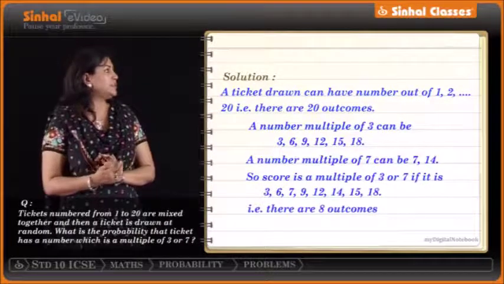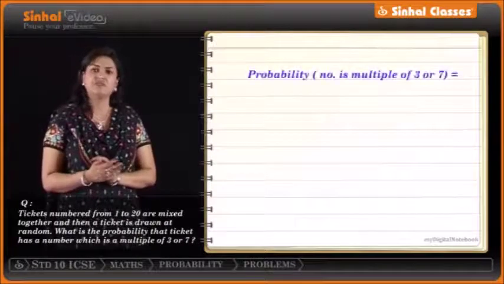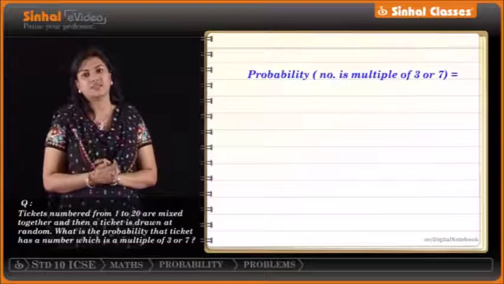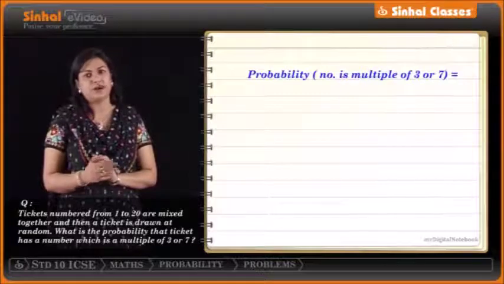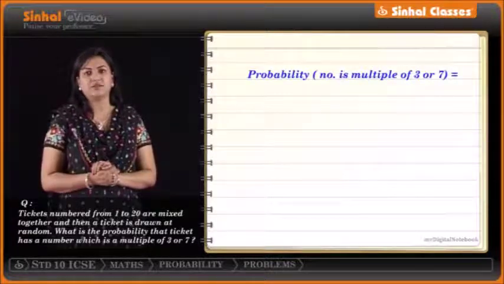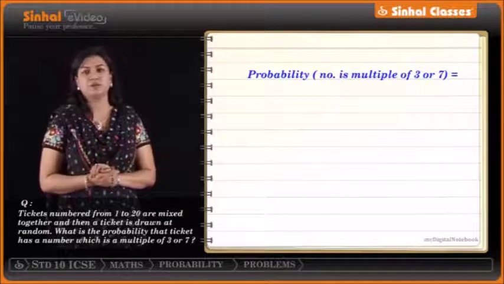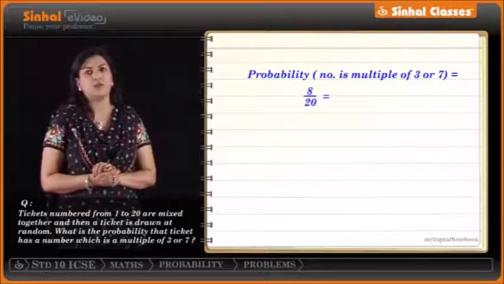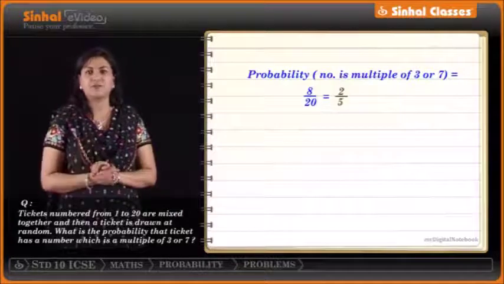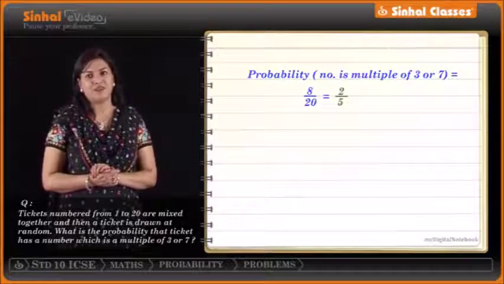So the probability of getting a number which is a multiple of 3 or 7 is number of favorable outcomes upon number of possible outcomes, that is 8 upon 20. We simplify this further to get 2 upon 5. So the required probability is 2 upon 5.